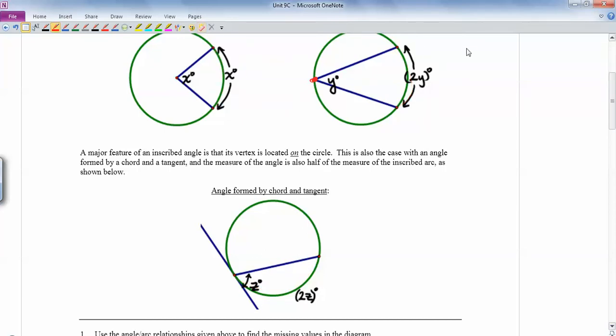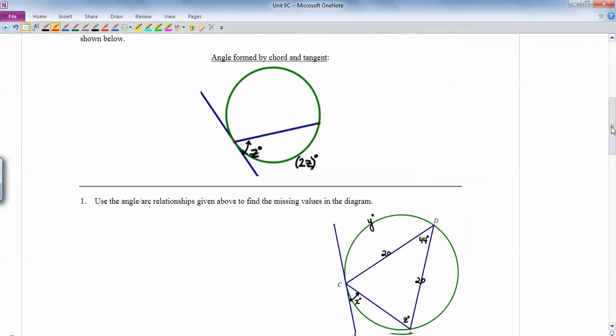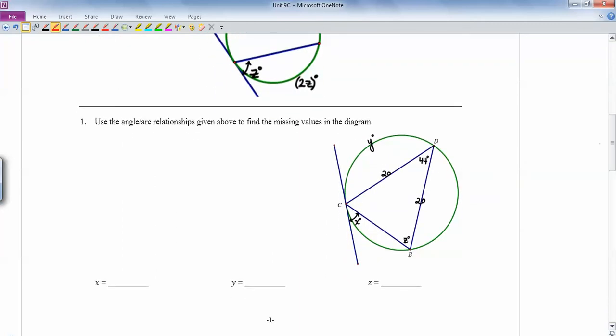So let's use this property in number 1. Okay, so in the problem there are a bunch of arcs. There's a 44 degrees, and there are 2 chords of length 20 here. So let's see.